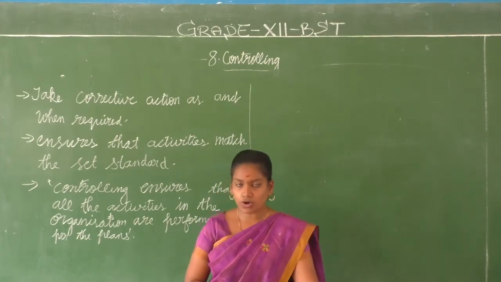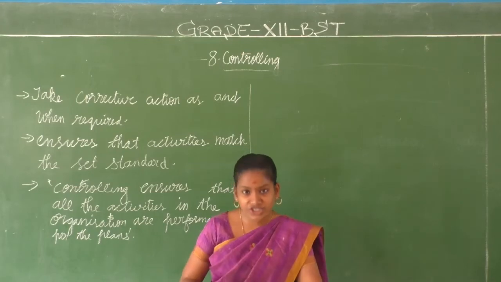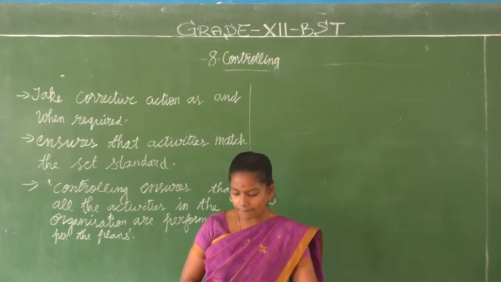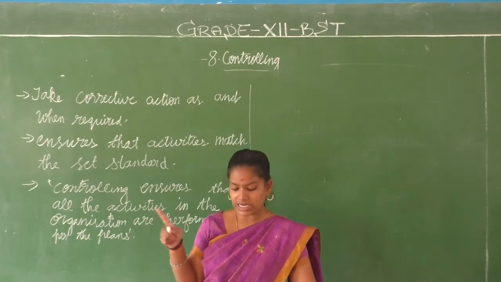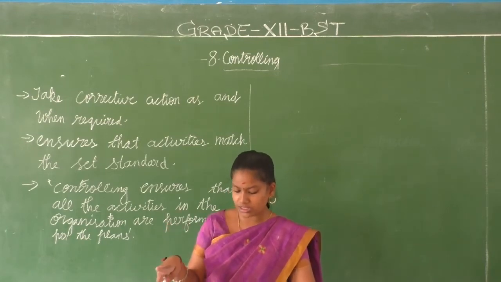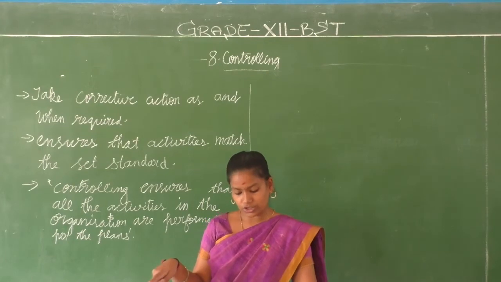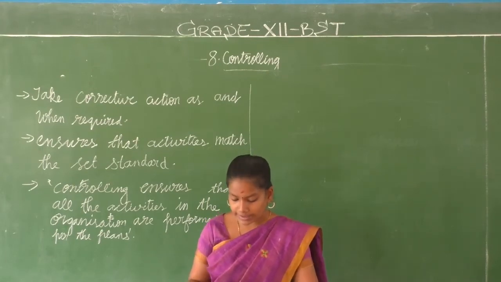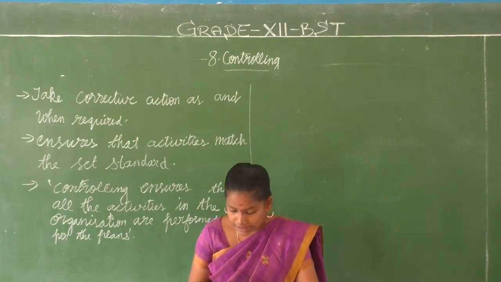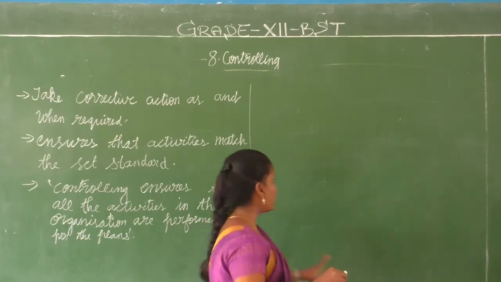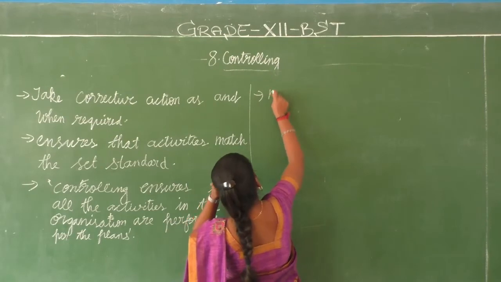Managerial control implies the measurement of accomplishment against the standard and correction of deviations to assure attainment of objectives according to plan. So என்ன சொல்றாங்க? That it is a measurement of accomplishment. What does it do?